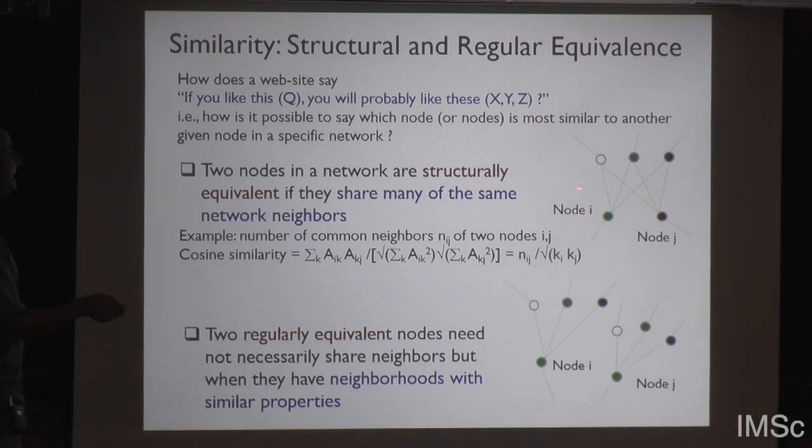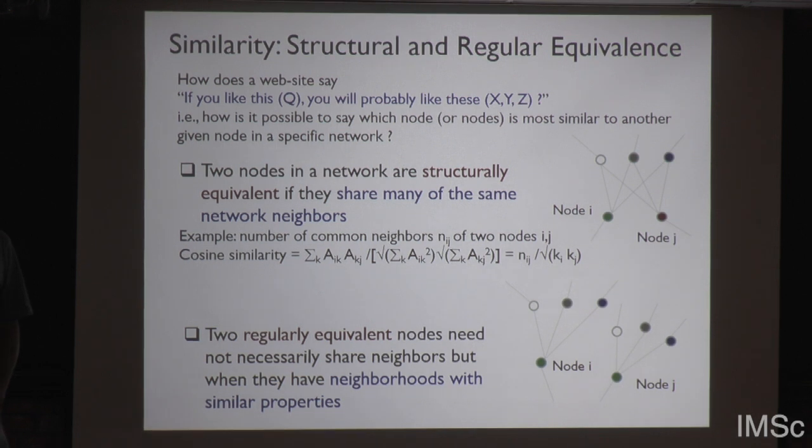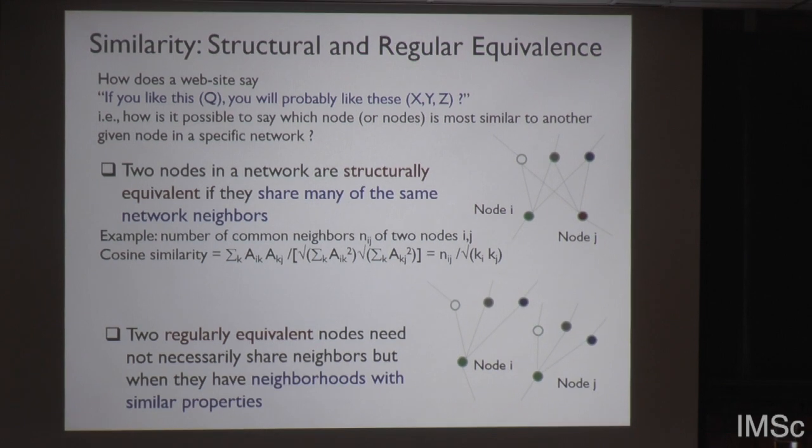So it would say that, okay, given that you have connected to nodes A, B, C, another user who has connected to A, B and linked to E, it's very likely that you would like product E. Okay, and so it gives you a suggestion that maybe you should click E.